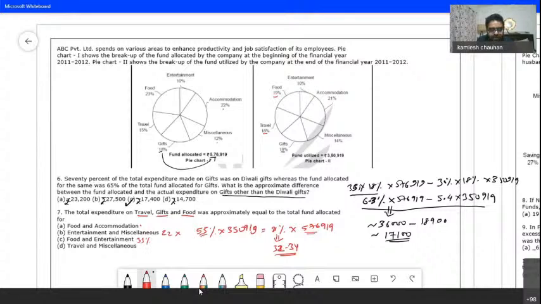Food and accommodation was how much? 45 percentage, that is my mistake. This is not possible. Travel and miscellaneous, 15 and 12, 27. So among these options, obviously the closest can be C, which is 33 percentage. According to our prediction, it should have been between 32 to 34 percentage. So the answer is C. A was 45, so nowhere in the range.